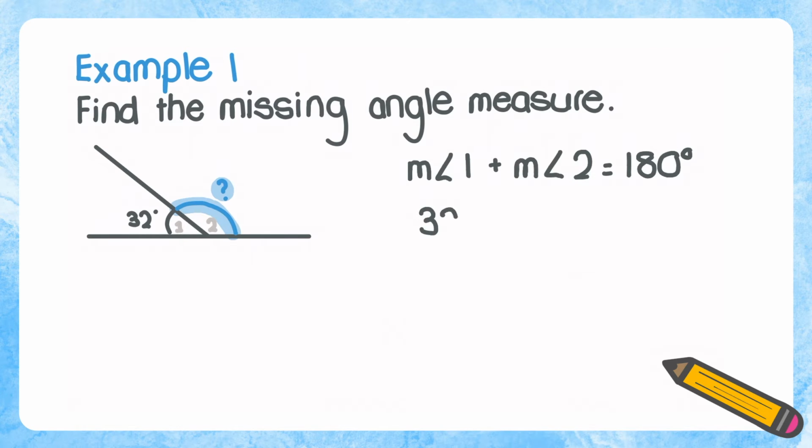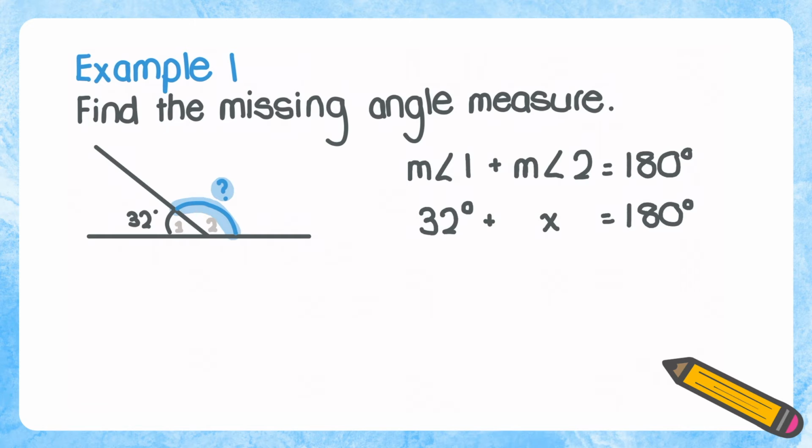And I know that the measure of angle 1 is 32 degrees, but I'm not sure about the measure of angle 2. So again, I'm going to use x to represent that measure. So I have that 32 degrees plus x equals 180 degrees. Similar to an algebra problem, it's like solving for x.